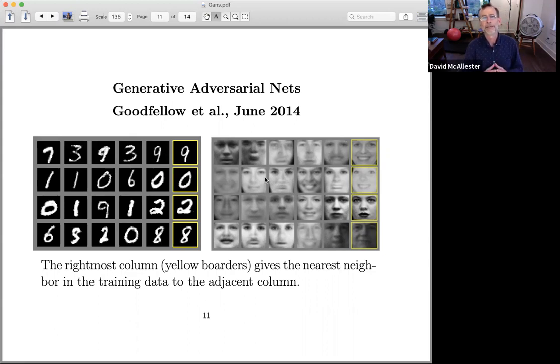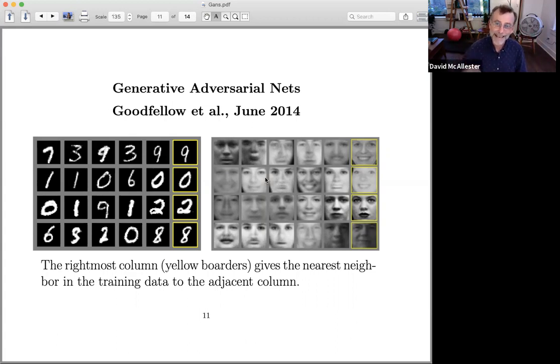Now, an immediate objection to GANs is that the generator could, in principle, simply draw images from the training set. And if the generator drew images from the training set, that clearly wouldn't be a model of all images, because the space of images is enormous, and the training set is a vanishingly small fraction of it.